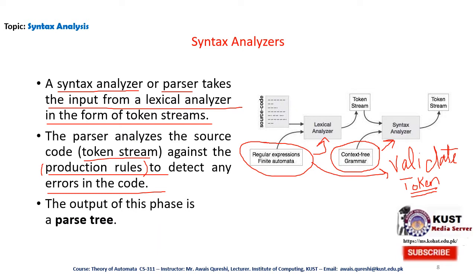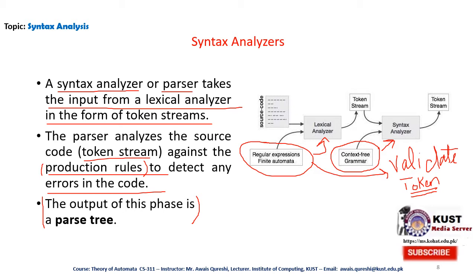The output of this phase is a parse tree. So this is the main point. In the case of the lexical analyzer, the output is tokens, and the syntax analyzer uses those tokens, and as a result it will generate a parse tree.